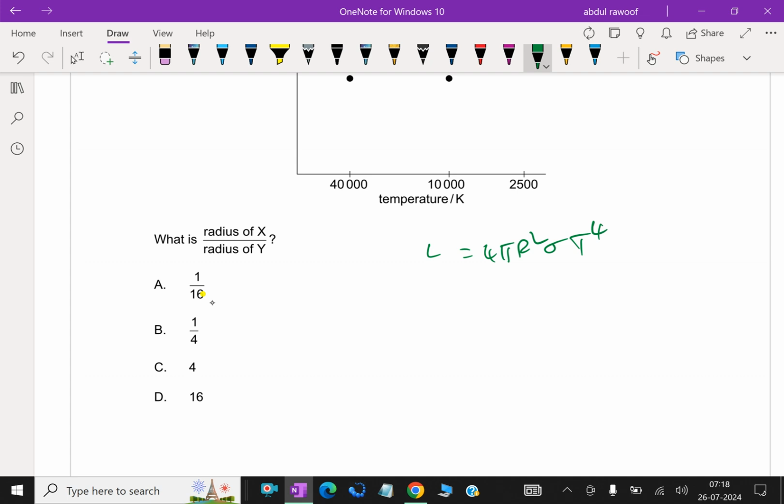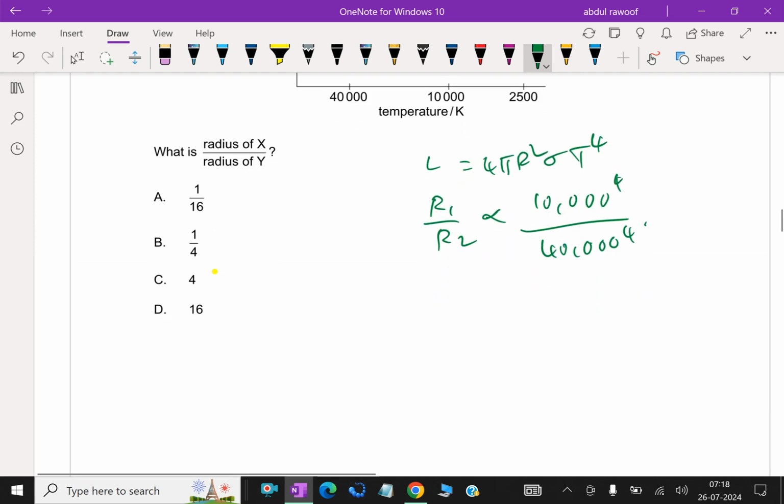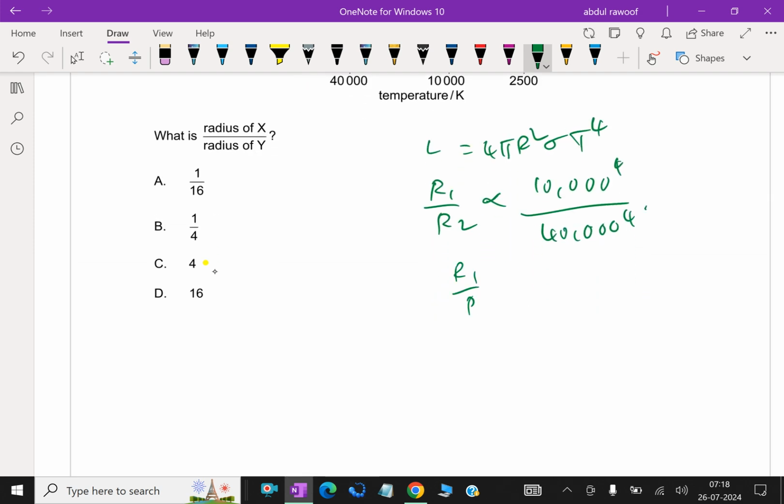From this, for two stars, the radius R1 by R2 is proportional to the temperature ratio, 10,000 over 40,000.